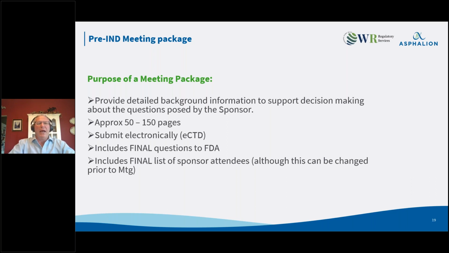And that meeting package provides all the detailed information behind the questions that you submitted in your meeting request. All right. Generally, they're 50 to 150 pages, could be more. I've never seen anything less, I think, than 50 pages, but you can have a really simple meeting. It's submitted electronically along with the meeting request. Everything now is pretty much submitted electronically to the FDA.